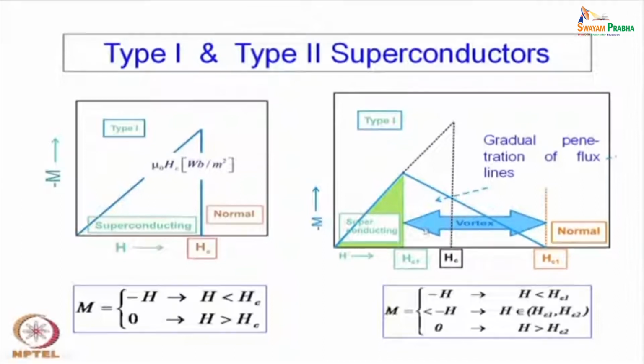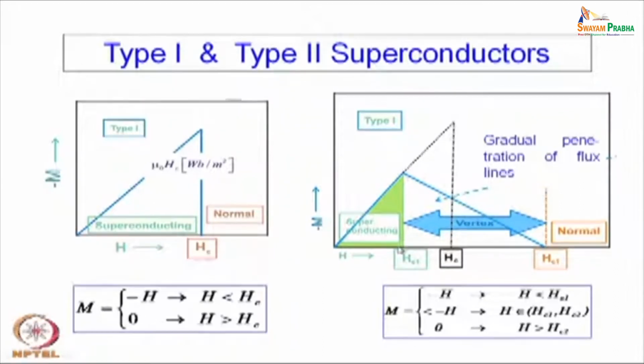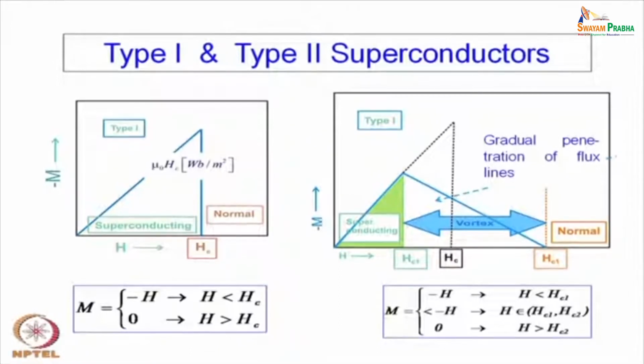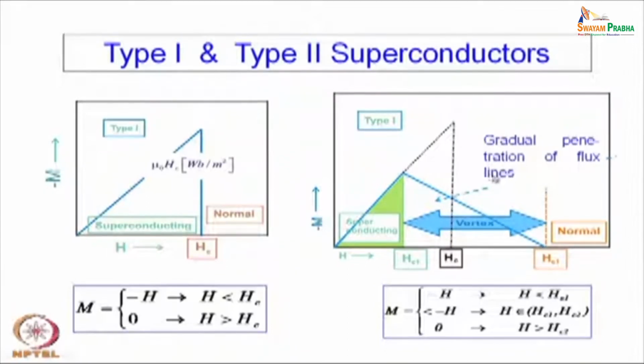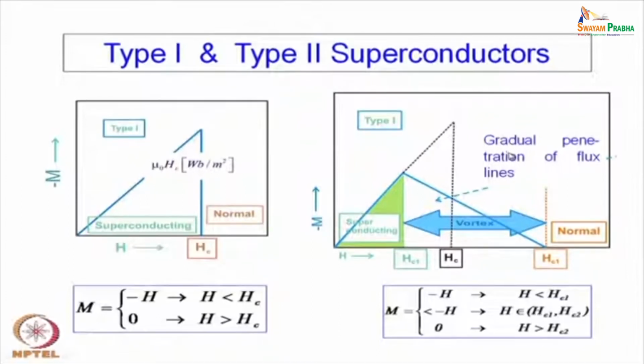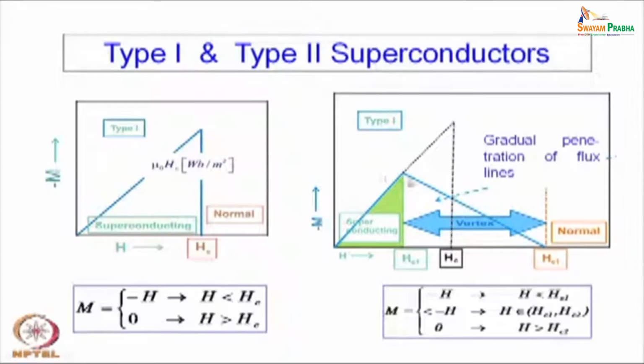So, in this region of magnetic field there is slow penetration of the lines of force. There is a gradual penetration of flux lines, magnetic lines of force gradually start penetrating into the material, and there is a gradual change of magnetization. Okay.